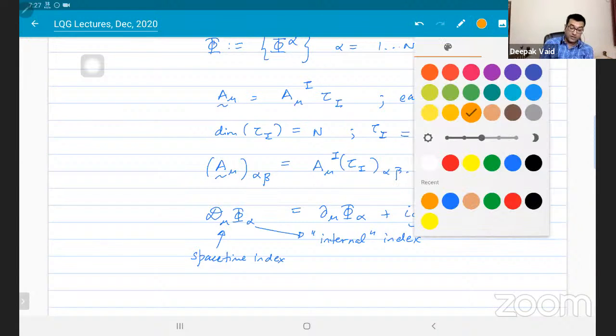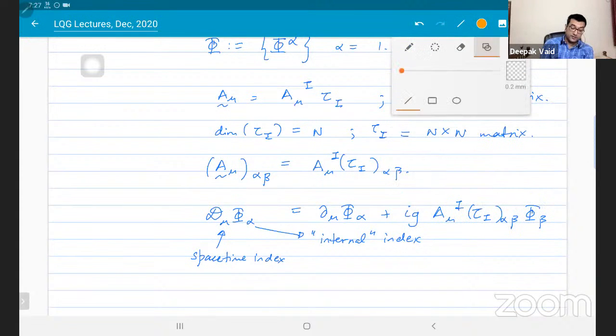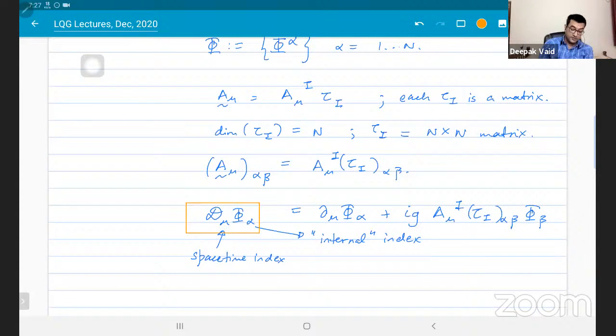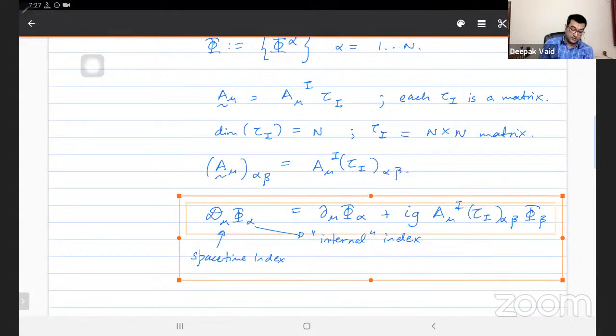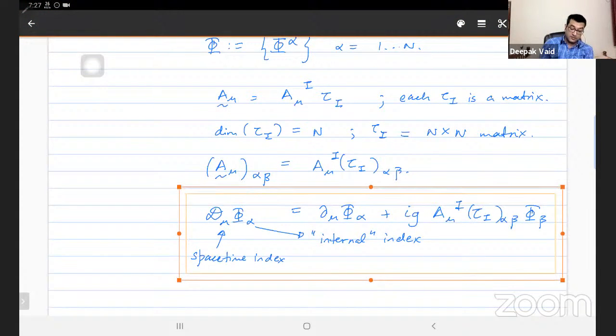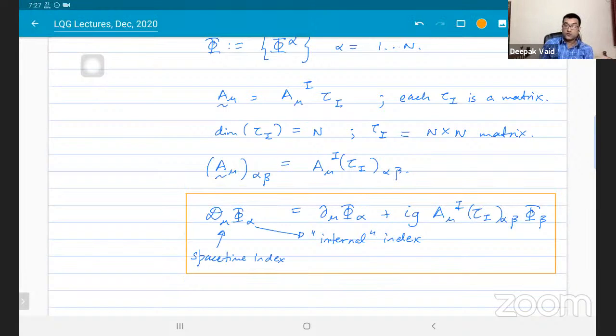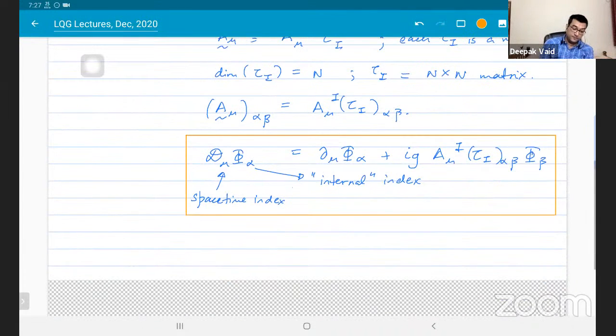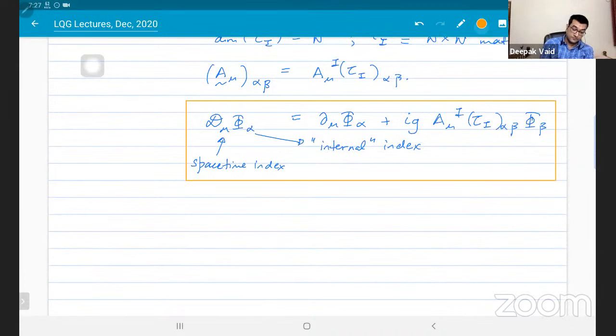So this would be how I define my covariant derivative with all the indices explicitly shown. Now, is this okay so far?